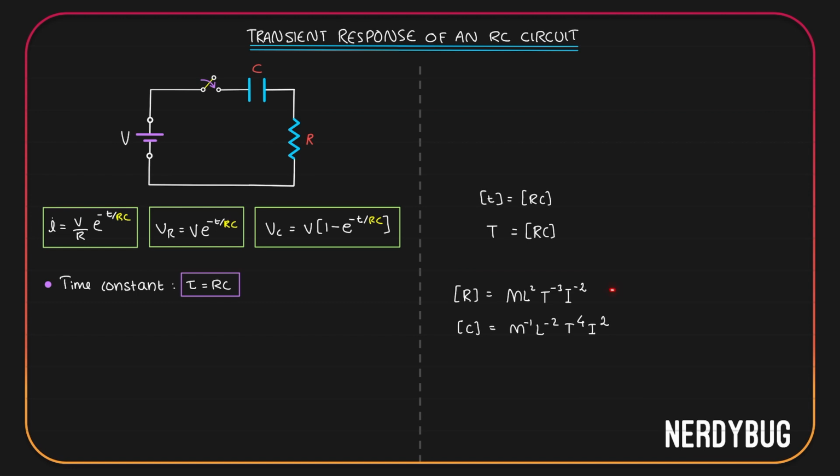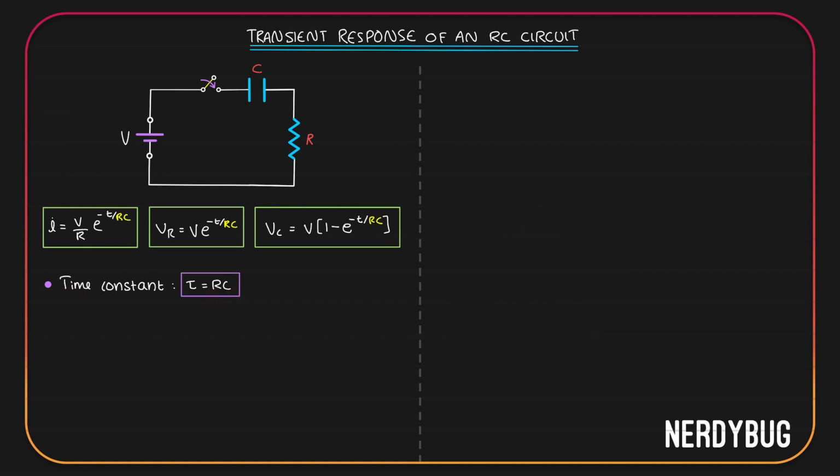You can clearly see if you take the product of these two, M and M inverse will get cancelled, L square and L raised to minus 2 will get cancelled, T raised to minus 3 and T raised to 4 will give you T, I raised to minus 2 and I square will also be cancelled. So the dimensions of the product of R and C is T. That justifies why we are connecting the product of resistance and capacitance to time.